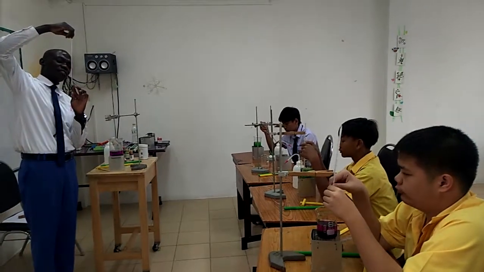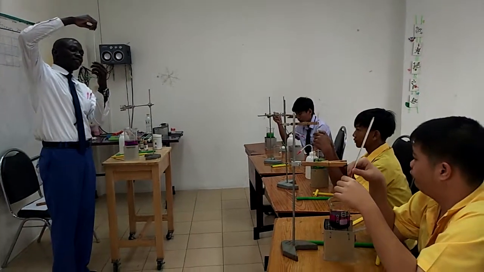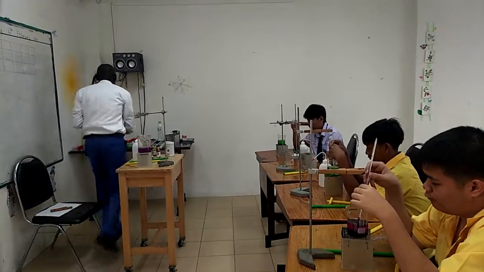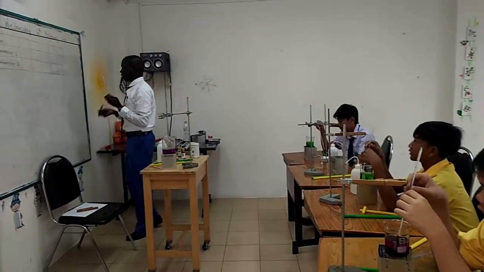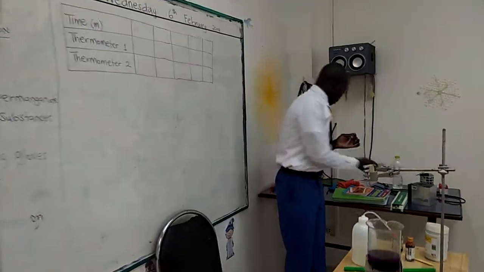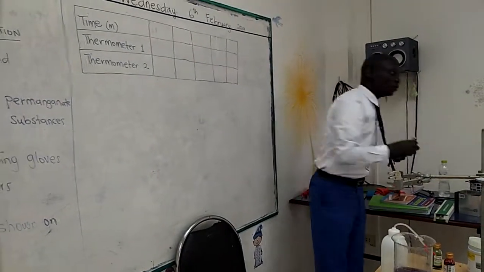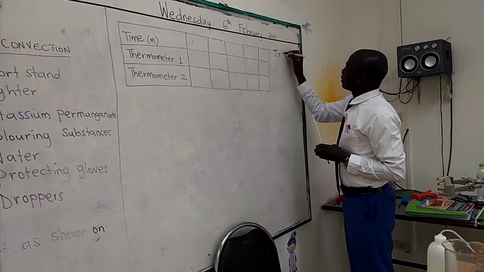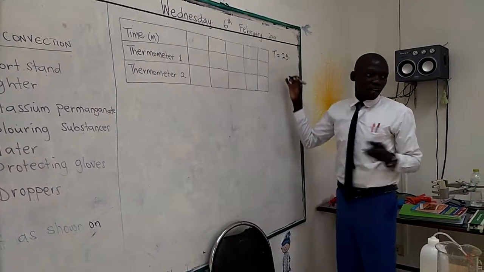Look at that red line, the mercury. It's at 25. So for Tool, his first temperature is 25. What's your first temperature? Check very well and tell me.